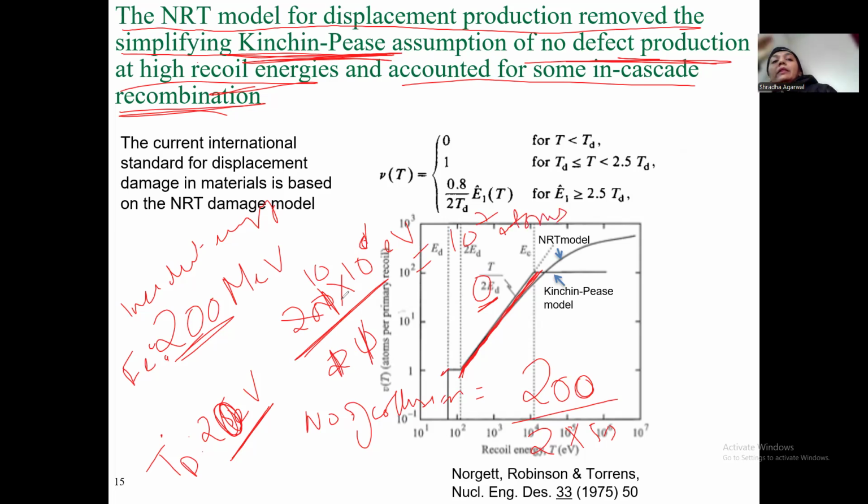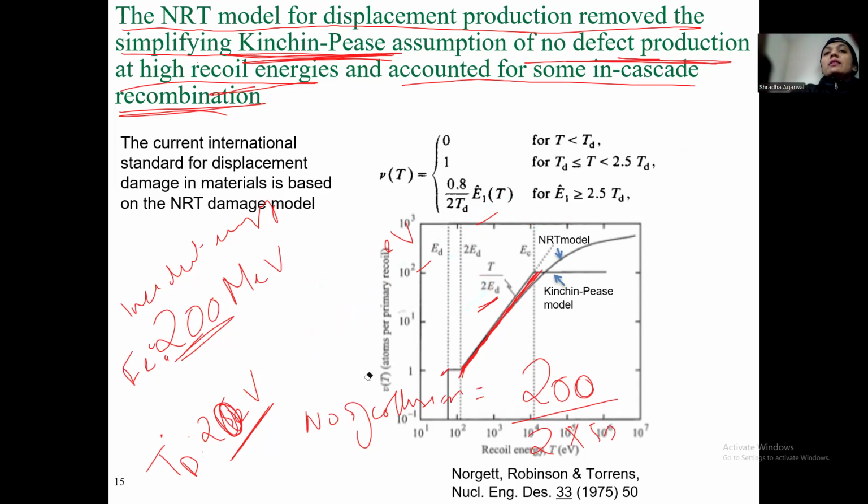For one atom, I need 20 eV, and if I give you 200 MeV, how many atoms do I displace? Let's make it more simple for you, so that you understand what is happening.